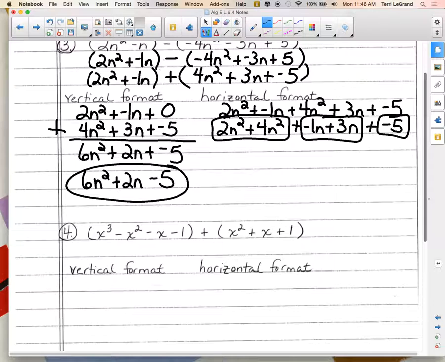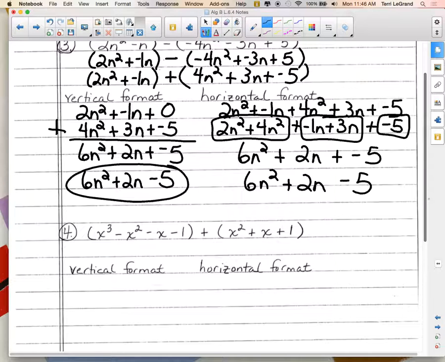We don't need a placeholder for that, because we're not trying to add in columns. Okay, so then when we take our groups and simplify them, we end up with the same result.